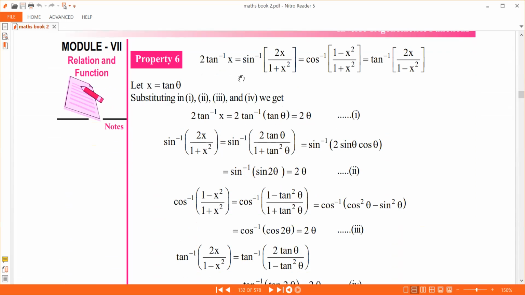2 tan inverse x is sine inverse of 2x by 1 plus x square. This one we have to show. These sort of things we have to remember.